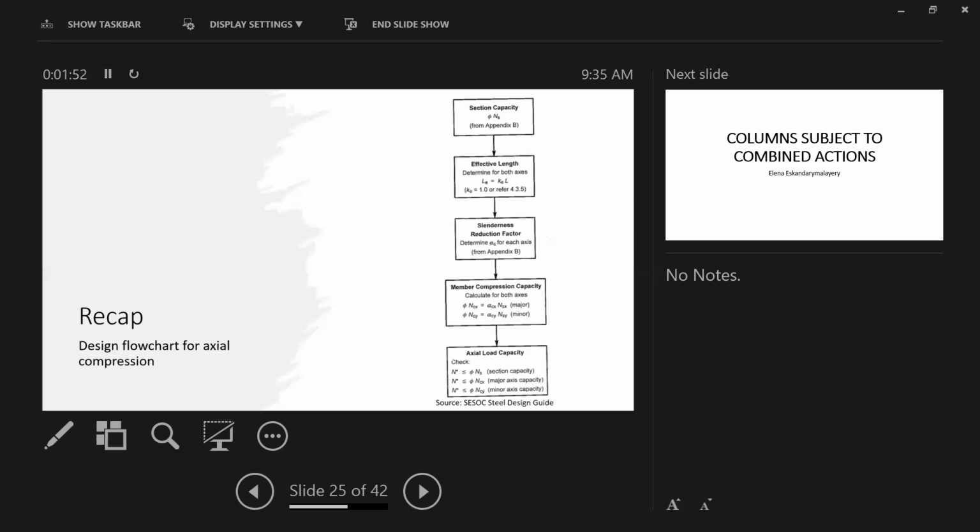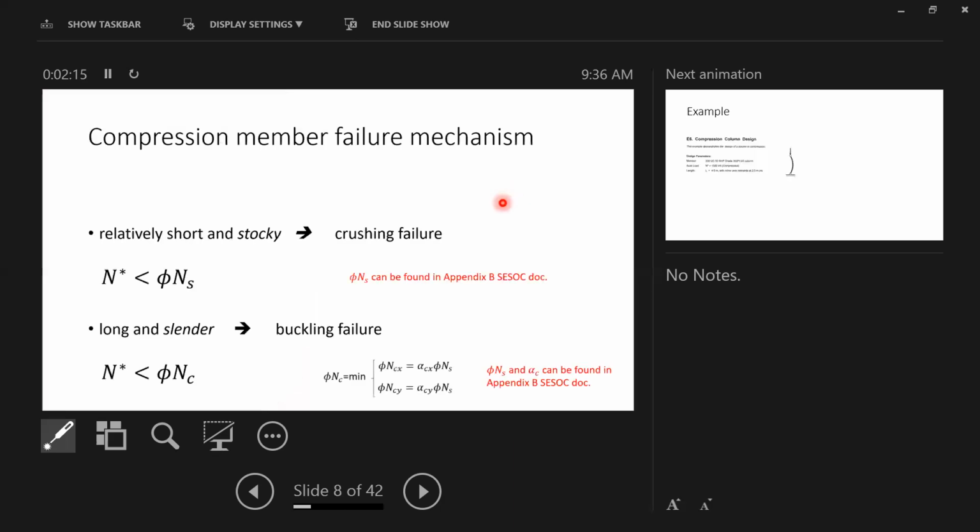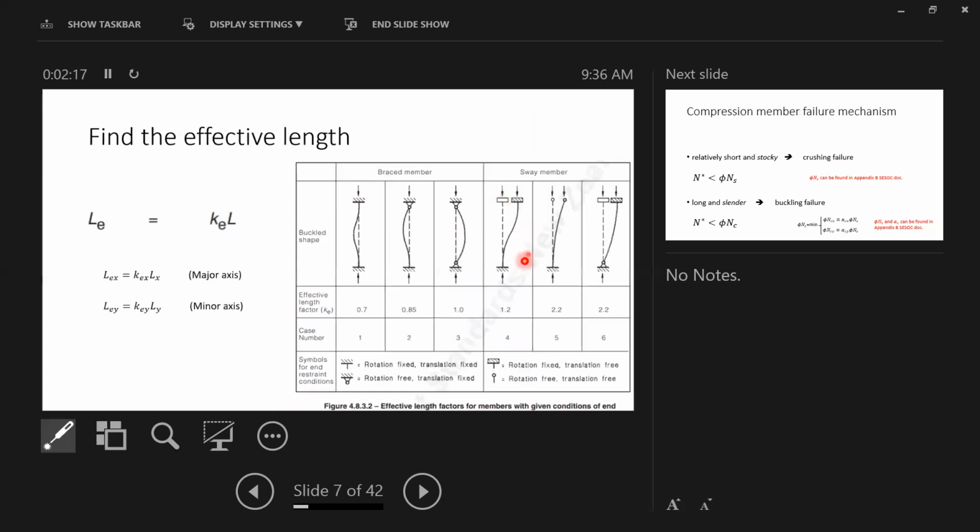Then you need to find the effective length for your column, which depends on the restraints and supports of your column, which we need to find Ke from the table that we discussed. I can find it here.